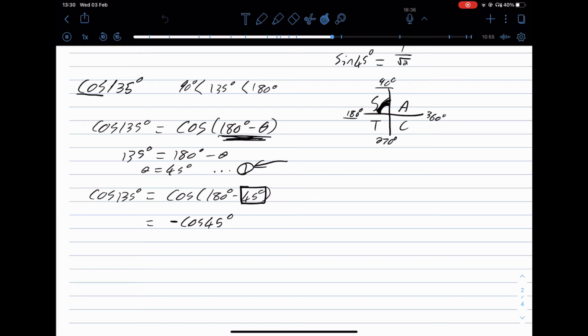Because if we just say cos 45 degrees, you can see that 45 degrees, because it's acute, will be in this quadrant, and it'll give us a positive answer. So cos 45 degrees will be positive, right? So that's a problem, because we know that it's got to be negative since it's in the second quadrant.